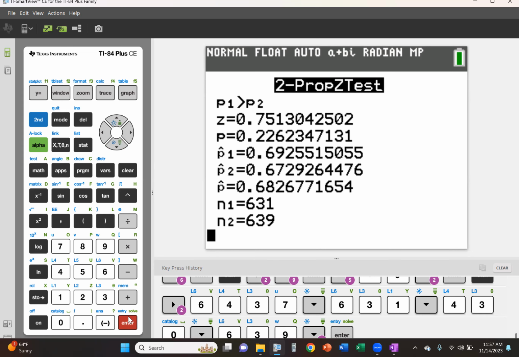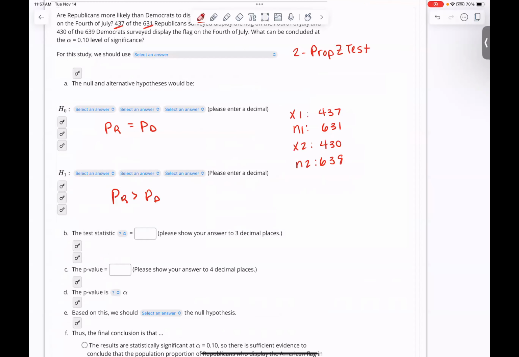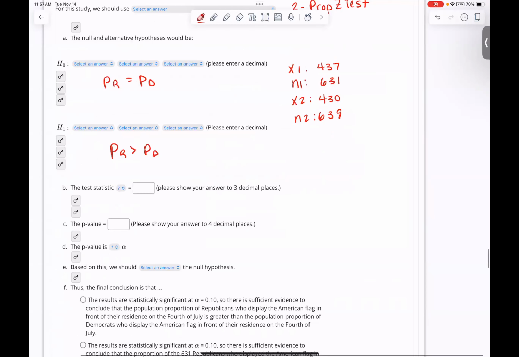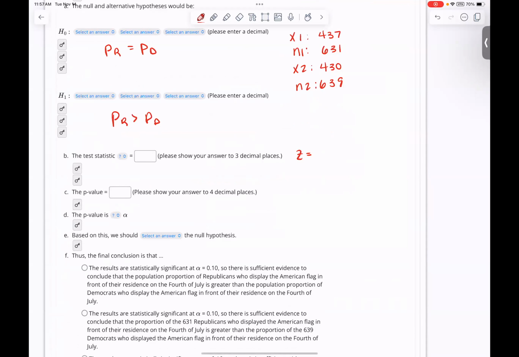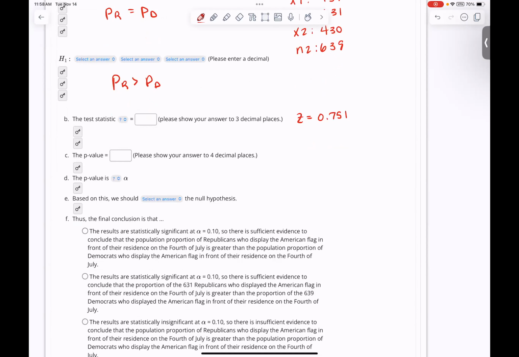So our Z statistic for this test is 0.751, and our p-value is 0.226. Let's go write that down. Our test statistic is Z equals 0.751. And our p-value was 0.226.